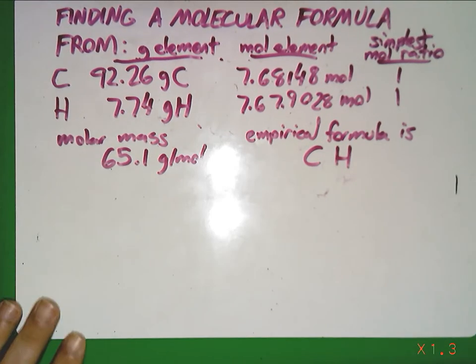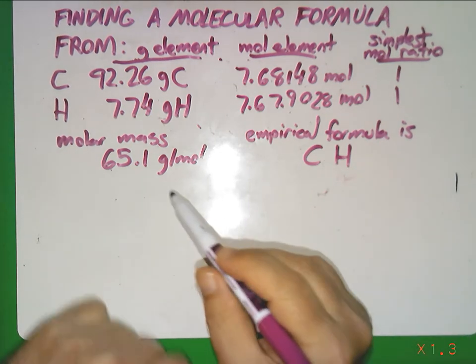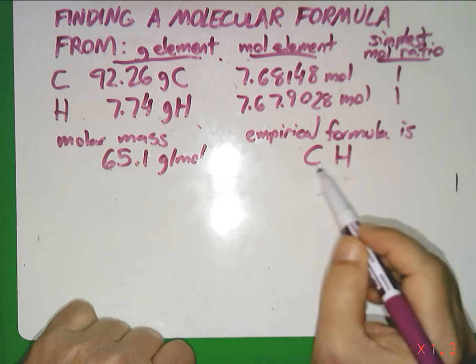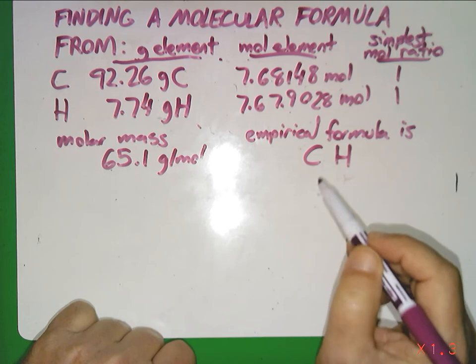Now the next thing I'm going to do after I have the empirical formula is get the molecular formula, and I'm going to use the molar mass for that. The molecular formula is going to be some multiple of this. So I have to find some kind of multiplier that I can apply to this.